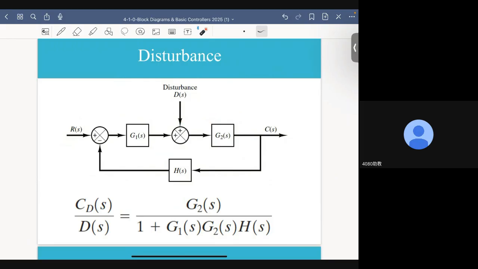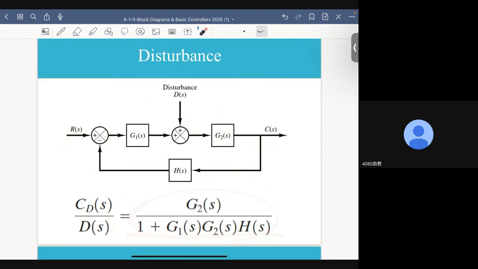Okay, so here, to determine the impacts of such a disturbance on the output, what we need to do, again, is to determine the transfer function from D to C. Okay, so by treating disturbance as an input, and by using a block diagram, we can actually determine the transfer function from disturbance to output. And this is the resulting transfer function.